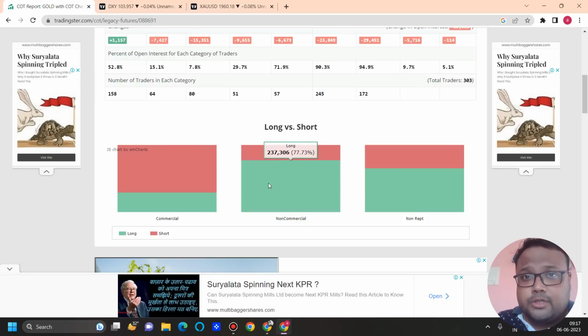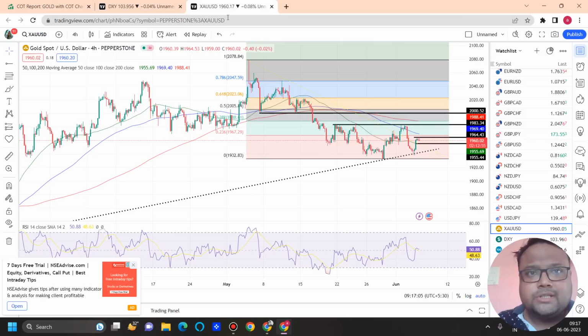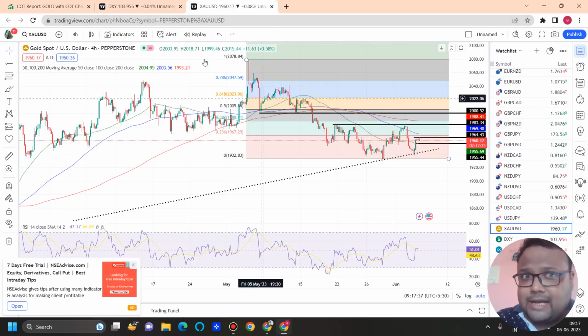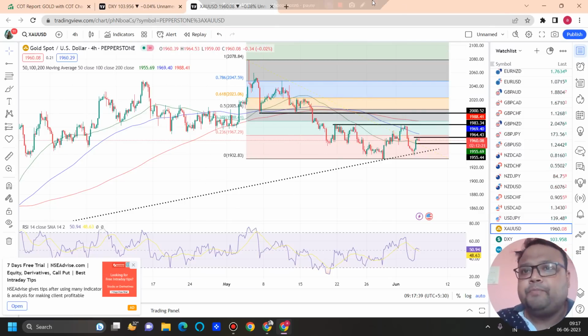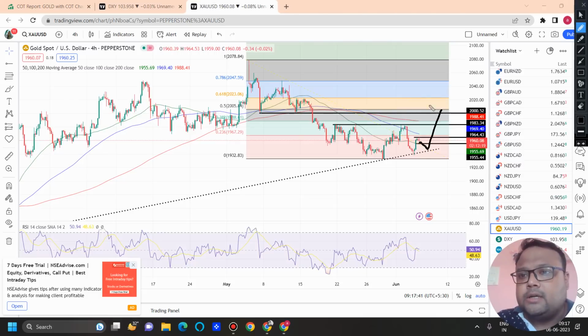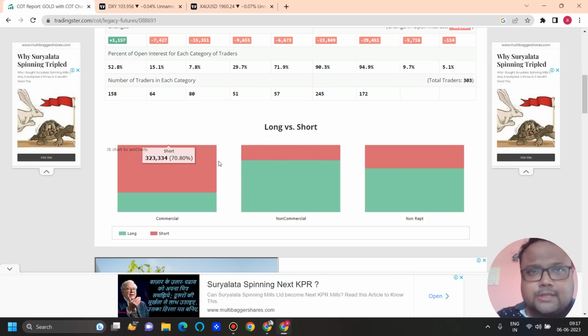So a huge number of institutions are on the buy side. This was just a correction, and there's a high chance that in the coming days we will see a good upside on the chart of gold. But if you're a day trader or a scalper, then obviously this data is not for you.